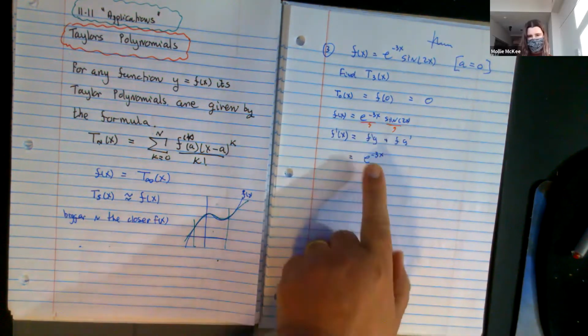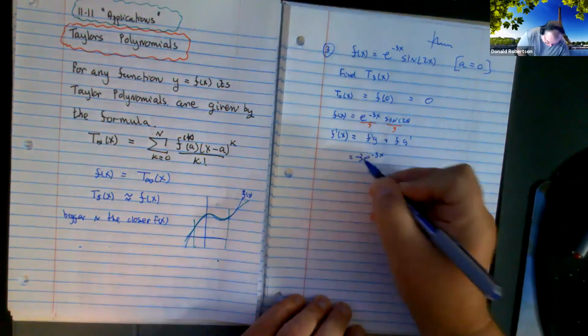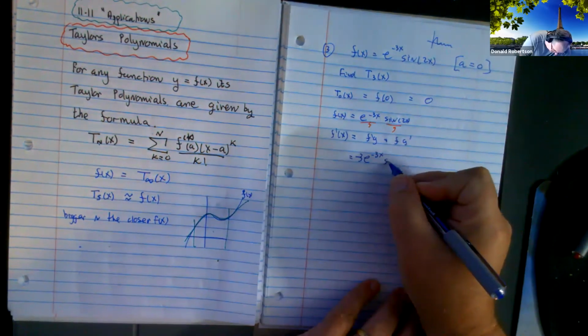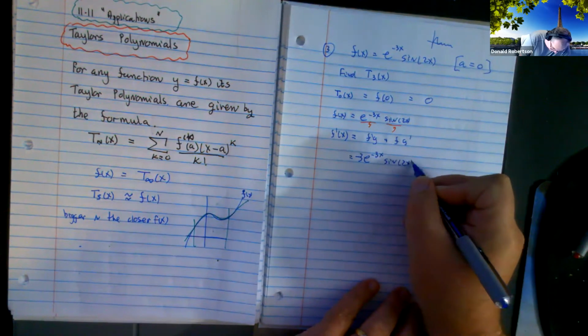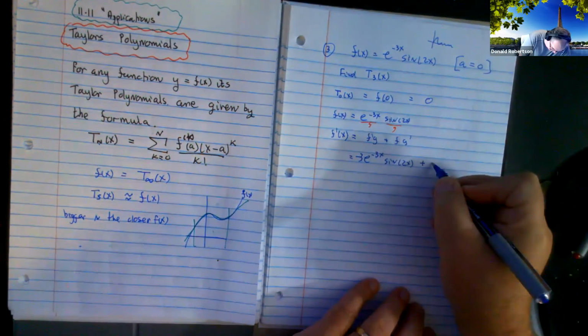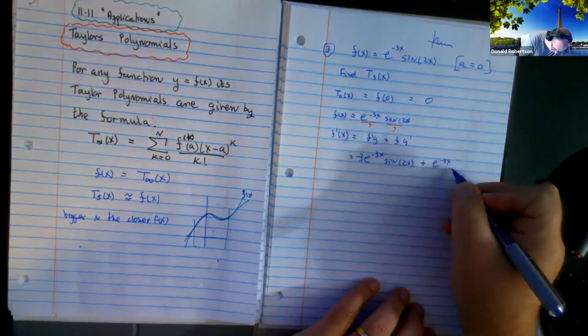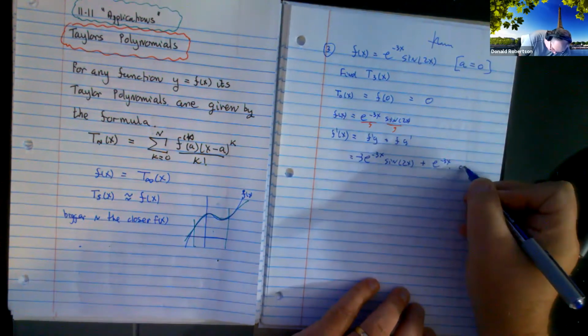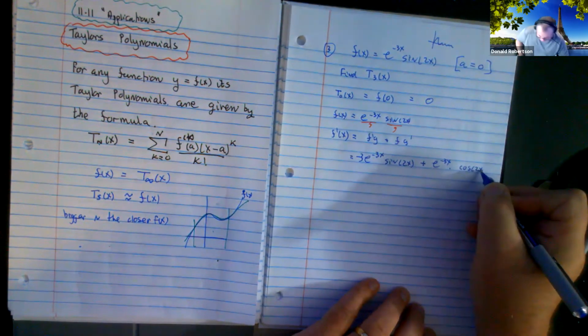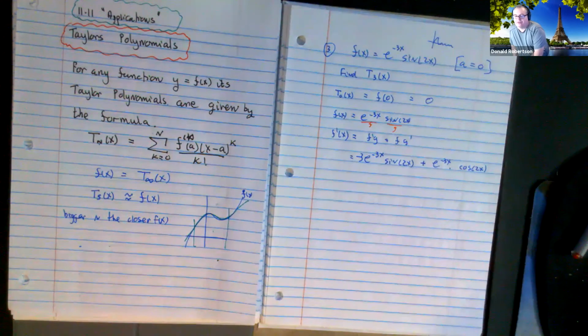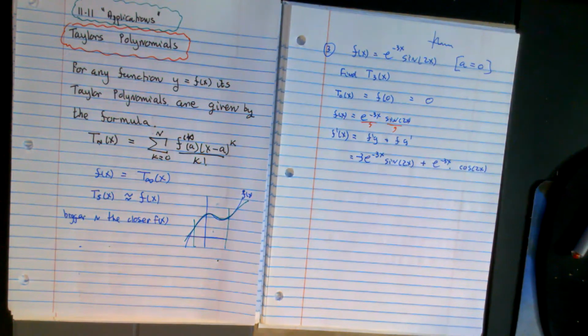-3, yeah, because it's a chain rule thing, right? Followed by the sine of 2x, plus leave this guy alone and differentiate the sine of 2x, which is the cosine of 2x. And what else have I missed this time? The derivative of sine of 2x isn't just the cosine of 2x, it's 2 cosine.